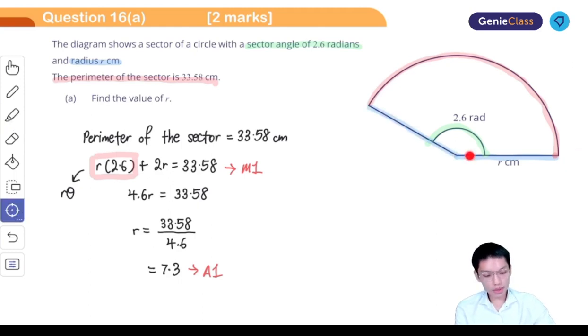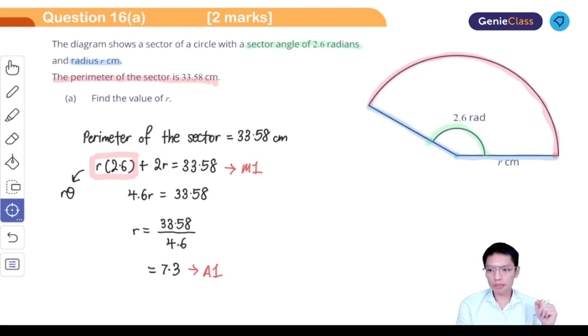So it's actually this round surface, and this one over here. That forms my perimeter, and this gives you 1 mark because you form the equation. The rest of it is to simplify further, so I'll not go through the simplification.